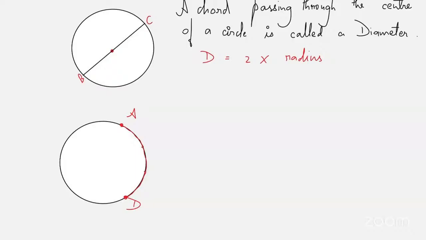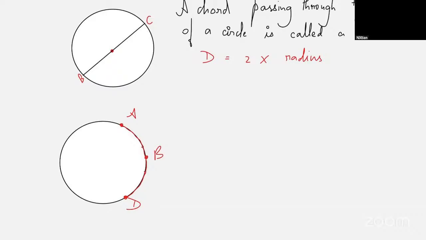Now what if these also were there? So I can say that ABC is one arc, and AD is also another arc.